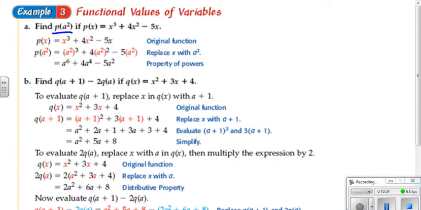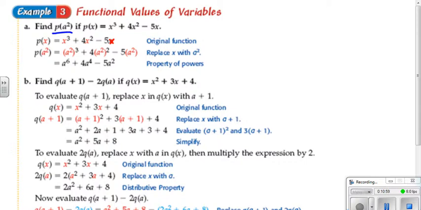So again, that just means everywhere that we see an x, I suppose this one should be red too, everywhere that we see an x, we plug in our a squared. So instead of x cubed plus 4x squared minus 5x, it's a squared cubed plus 4 times a squared squared minus 5a squared. So we would just solve out each piece individually.